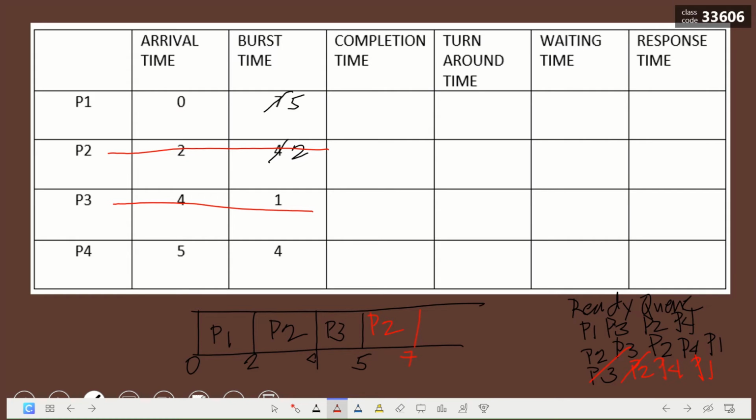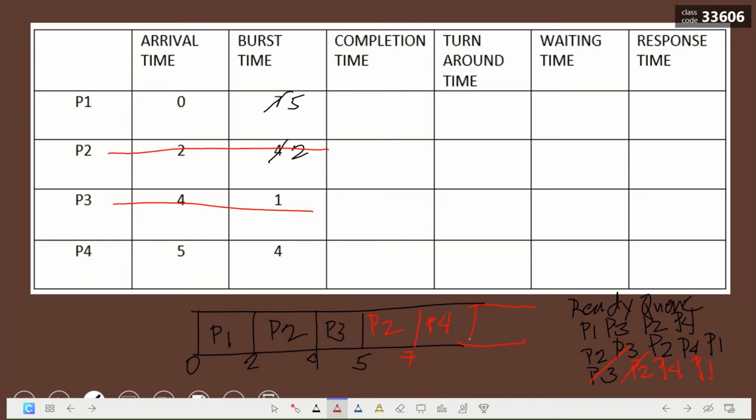Now next is to compare the burst time of P1 and P4. P1 has a burst time of 5 and P4 has the burst time of 4. So the lowest burst time is P4. So right here, P4. Okay. Now, what is the burst time of P4? We have 4.